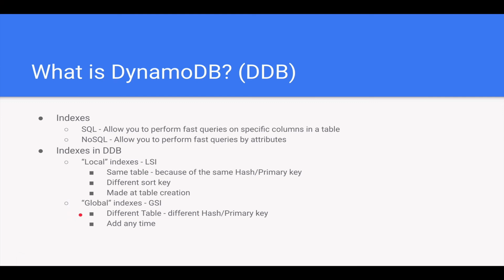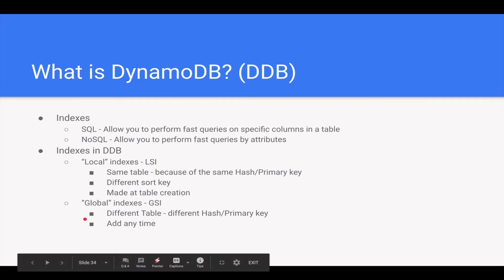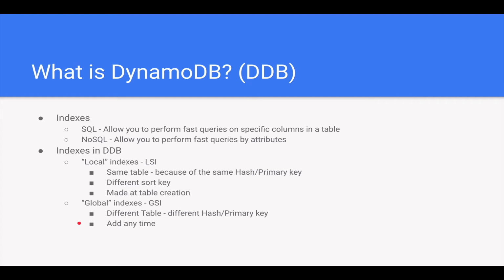That is the downside: the two downsides are they increase your write time because they have to propagate to the index, and they are expensive because they basically have to duplicate every piece of data that is in your primary table. Unless you make a sparse index. We may or may not get into that, but if you're interested, just Google DynamoDB sparse indexes. That stuff is incredible.